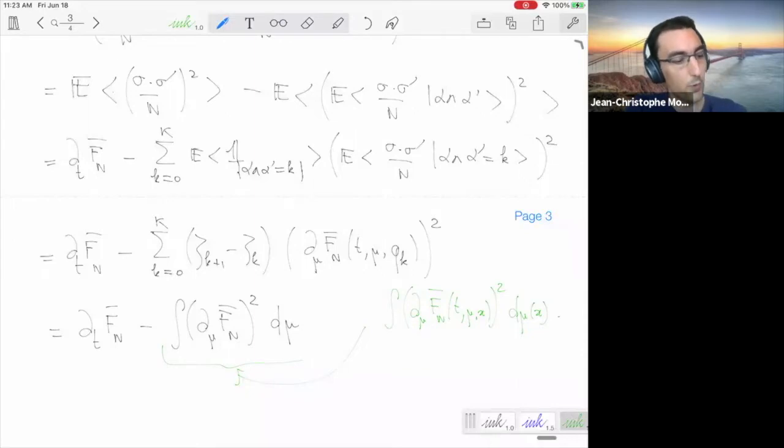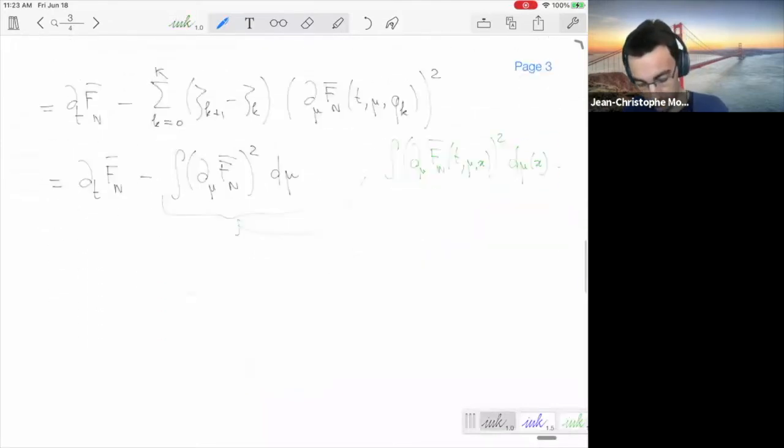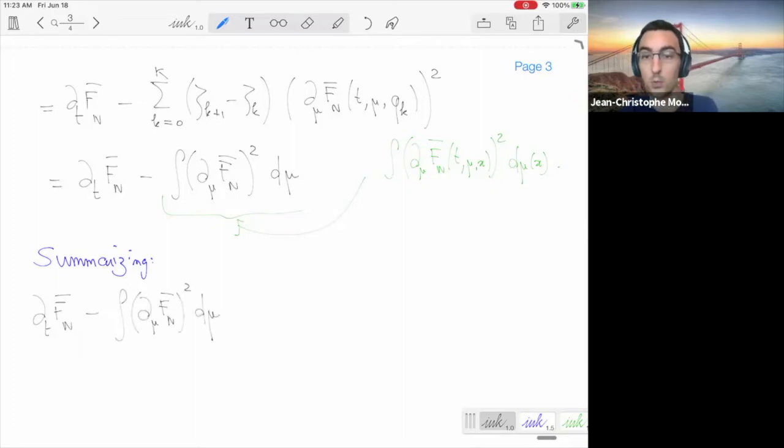Okay, so summarizing this calculation, what we have found is that this quantity is equal to the conditional variance that we started with.